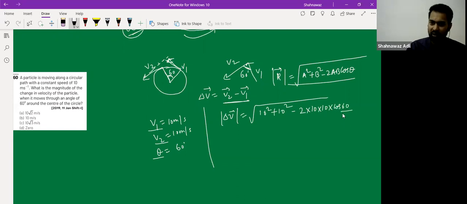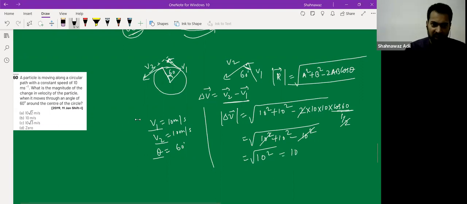This is half, so the 2 cancels, and we have 10 square minus 10 square plus... so this is 10, option B. Arpit has solved it, right answer, Arpit. So 10 is the answer.